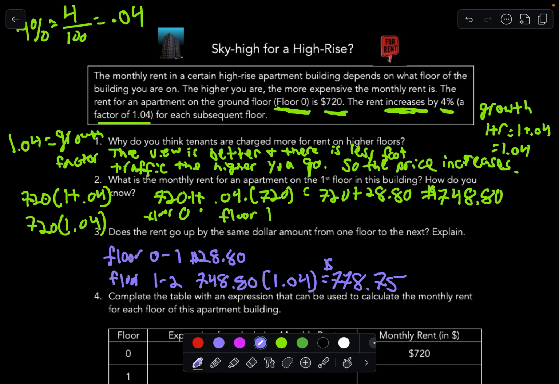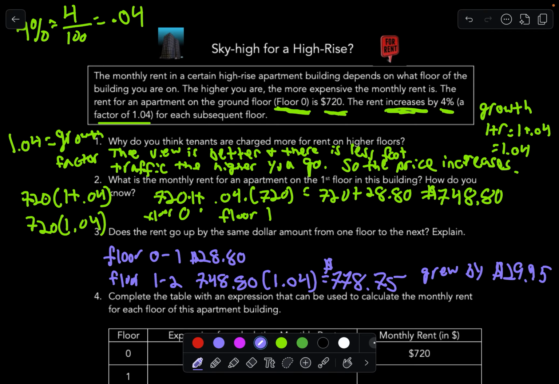So that's the new price. Subtract the 748 from it to find out how much it went up, or you can just take 748.80 and multiply by 0.04, because that's how much it went up by. And it grew by $29.95.